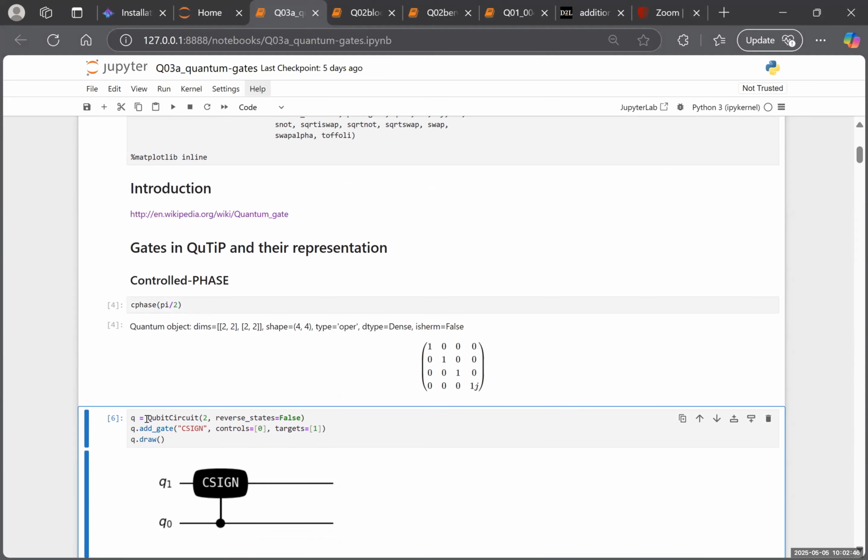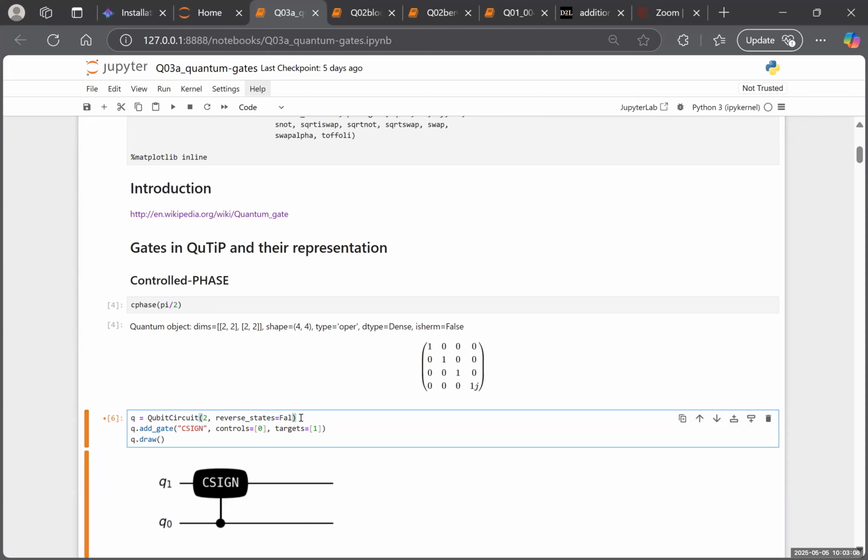You will say Q equal to QubitCircuit. In this case, it's a quantum circuit, and 2 is the number of qubits, reverse_states false. So remember, there's a convention difference in IBM and others. So maybe this is how you do that.